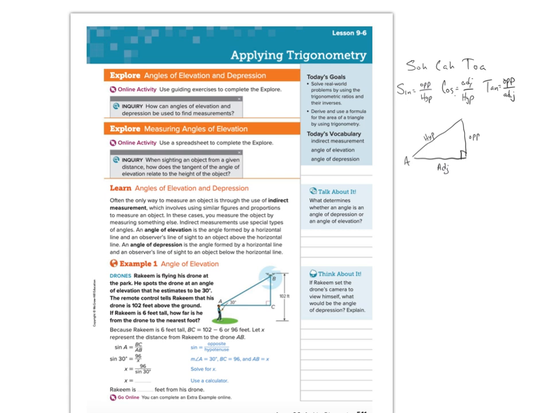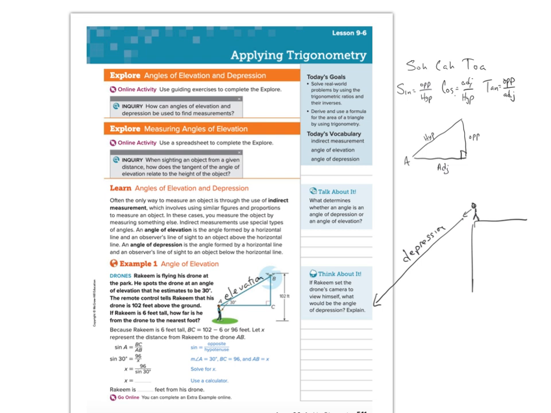As a person looks up, you are elevating your eyes upwards, so that would be an angle of elevation, versus if I was standing at the top of a cliff and I was looking down, that would be the angle of depression. Okay, so down, depression; up, elevation.